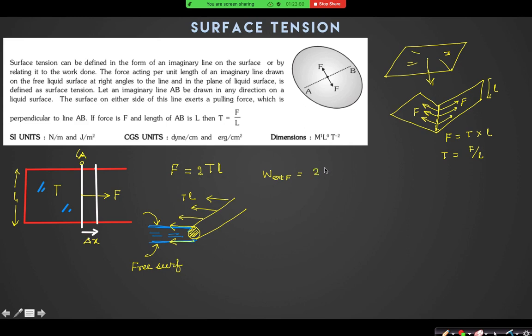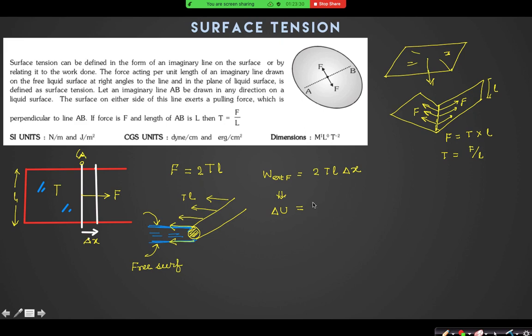Can I say it is 2TL into delta x only? Can I say that this work done by the external force has only increased the surface energy of the free surface?